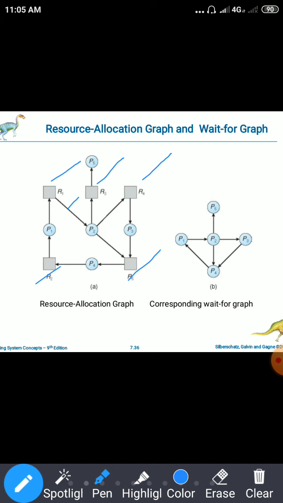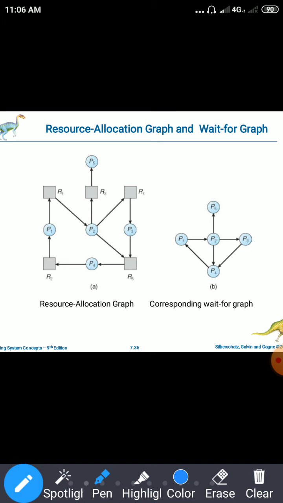Then how can we join the edges in the wait-for graph? The wait-for graph consists of only the processes. How many processes are there? Five processes are there in the resource allocation graph. We keep all five in the wait-for graph, and we only eliminate the resources existing in the resource allocation graph.